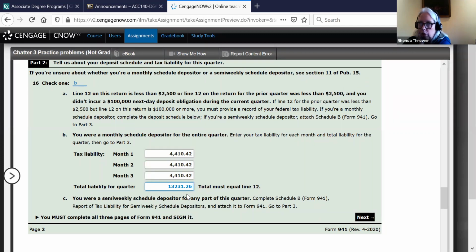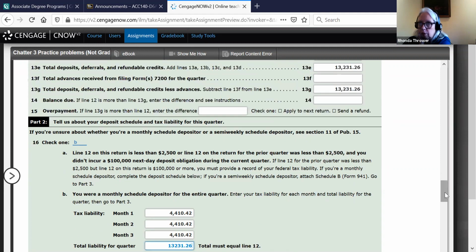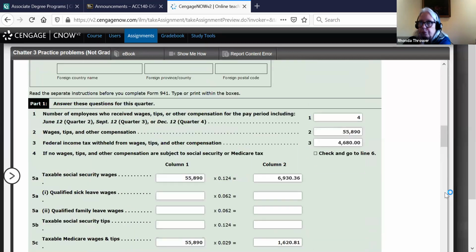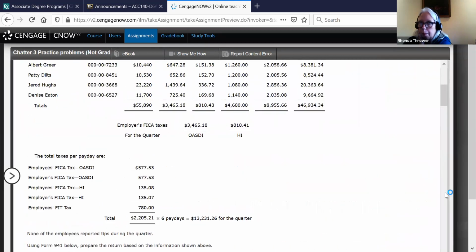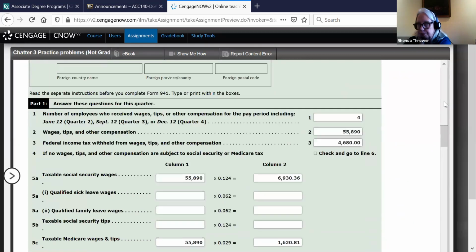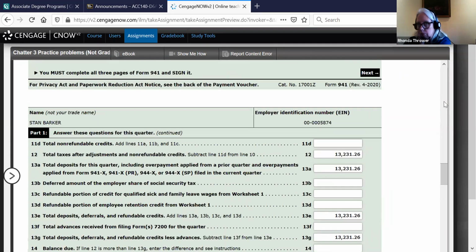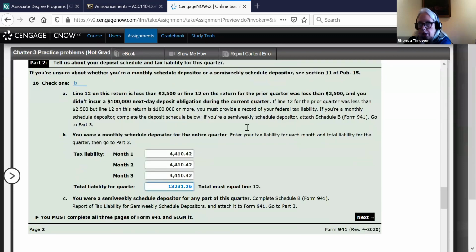When you add these 3 together, it should be the same as this amount right here. So the amount of taxes for the quarter were $13,231.26. And that's what we entered here.